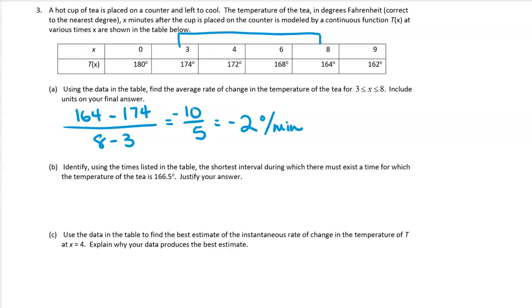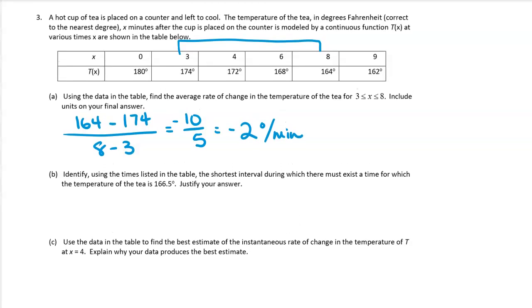Okay? Again, using the times identified in the table, the shortest interval during which there must exist a time for which the temperature is 166.5. Okay, so I see 166.5 between T of 6 and T of 8. Is this a continuous function? I don't believe if we're cooling tea that you ever skip over a temperature. So I'm going to say that T of x is continuous.